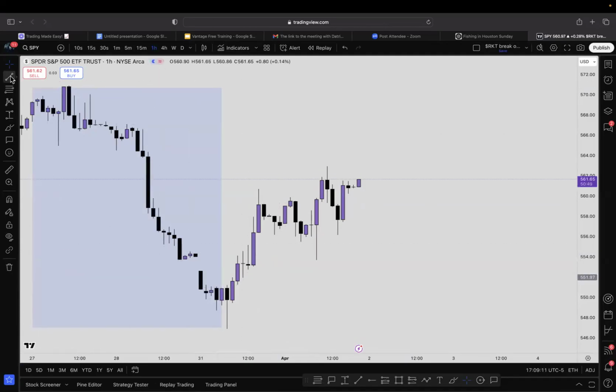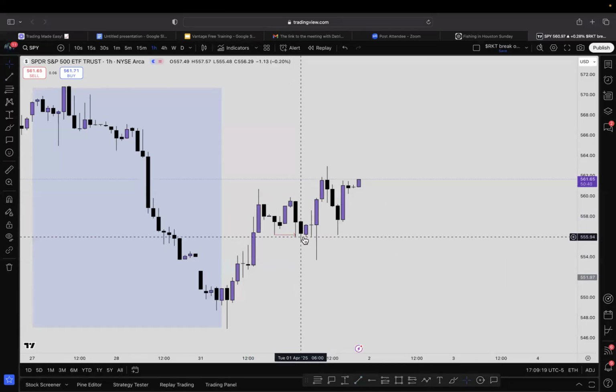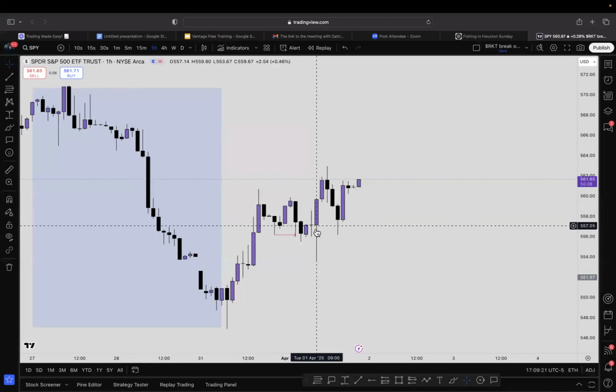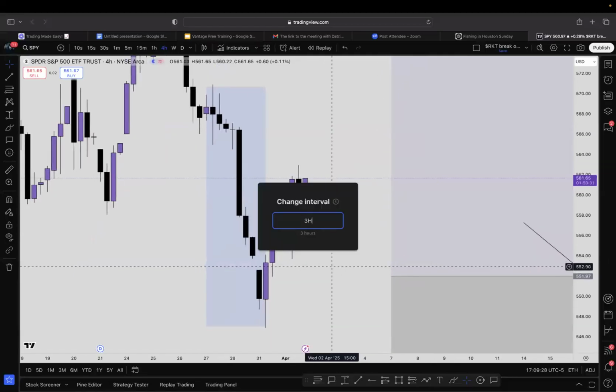If we go to SPY, we can see yesterday we got a clean push. Here early this morning, we got manipulation, gave us a push higher, and then we pushed lower before moving up. Now let's go to a higher time frame.